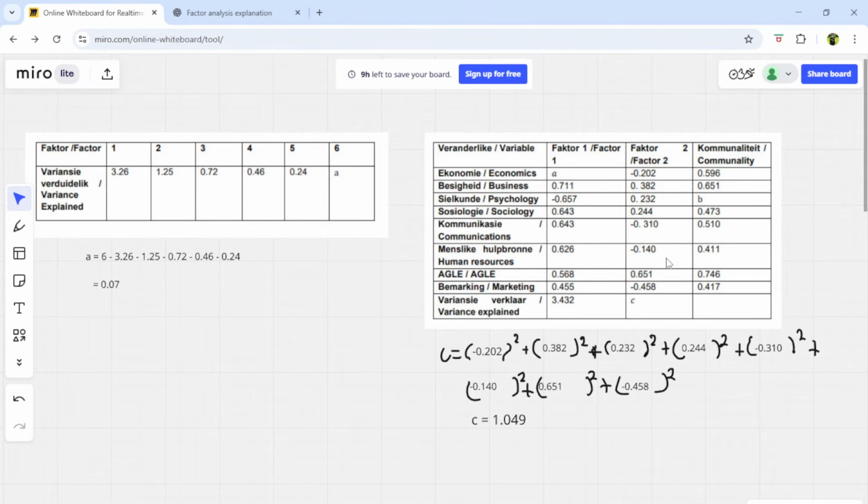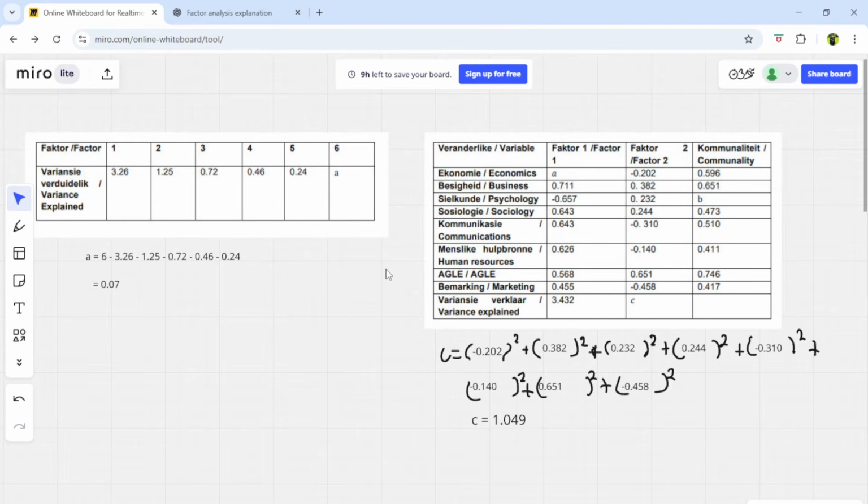When you're given it like this, you just say 6 minus everything. Sometimes it's not going to be here, the A. It's going to be maybe here. So it's just going to be the same. It means they'll give you this value in that case. So it's going to be 6 minus this minus this. If this is not there, minus this, and minus the value you'd be having here in that case.